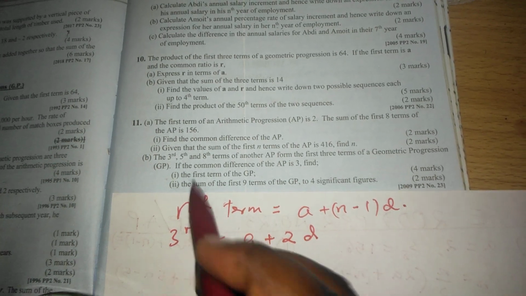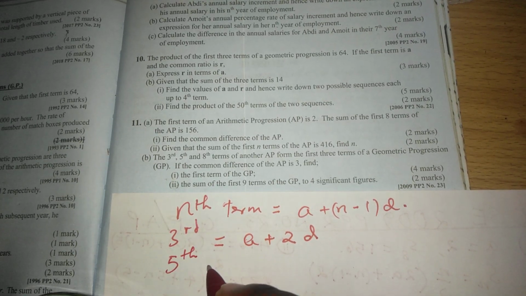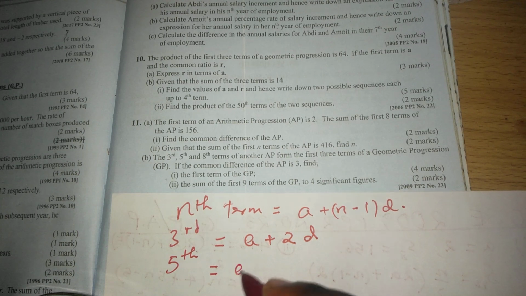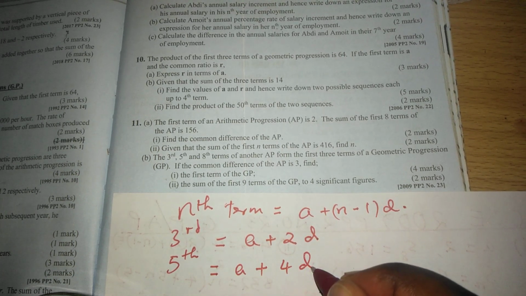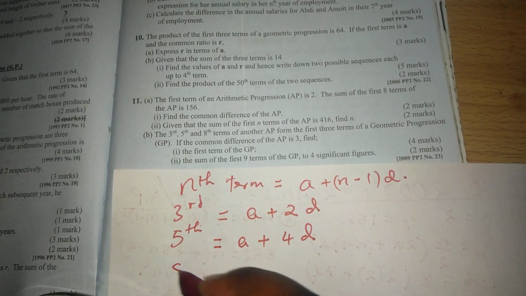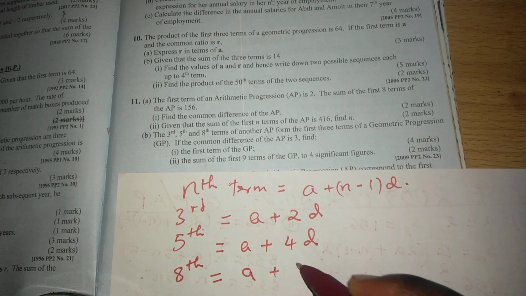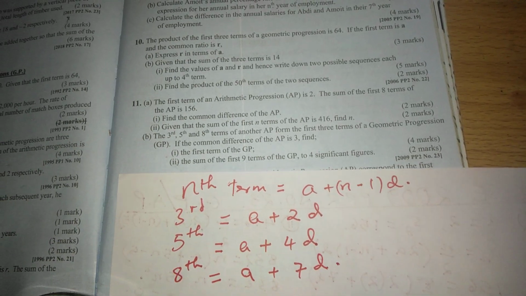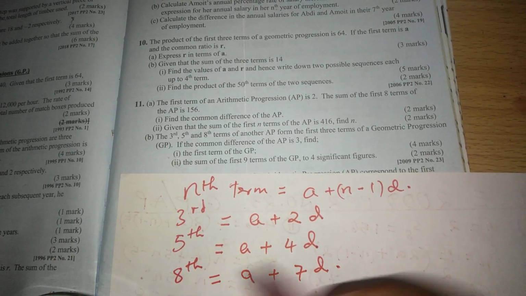Then we have the fifth term. The fifth term is going to be A plus 4D, because 5 minus 1 is 4 multiplied by D. And the eighth term in the same progression is going to be A plus 7D.